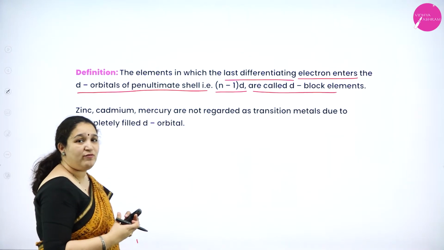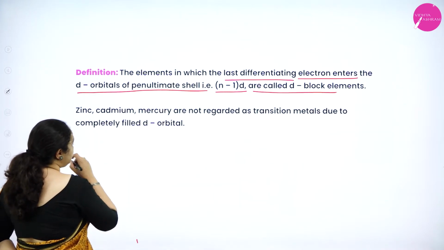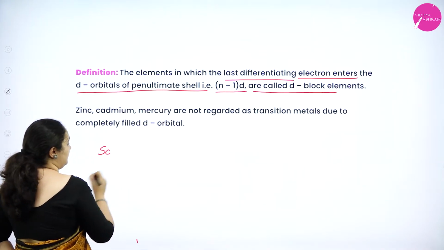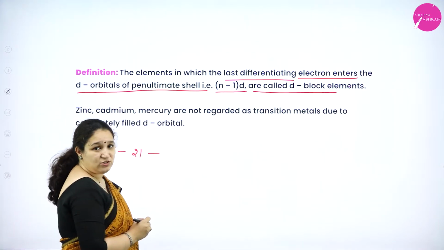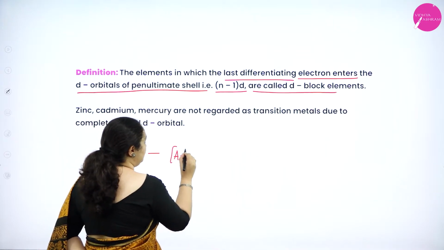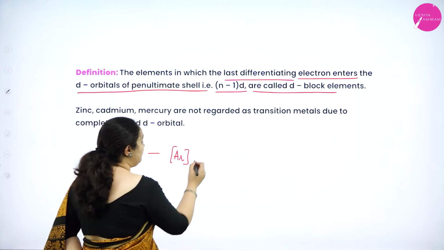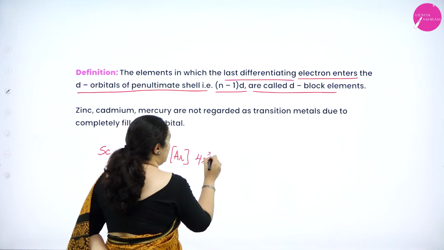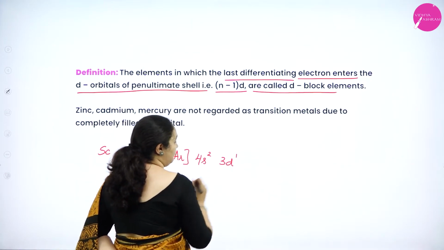What is the meaning of n-1 d orbital? For example, I will take scandium. Its atomic number is 21. So when I write the electronic configuration, it is argon, that is atomic number up to 18, then it will fill 4s2, so 18, 19, 20, and 3d1.